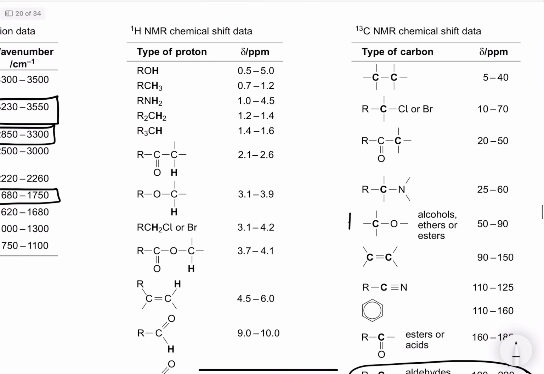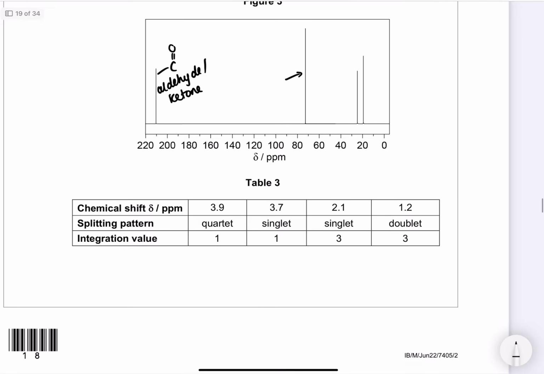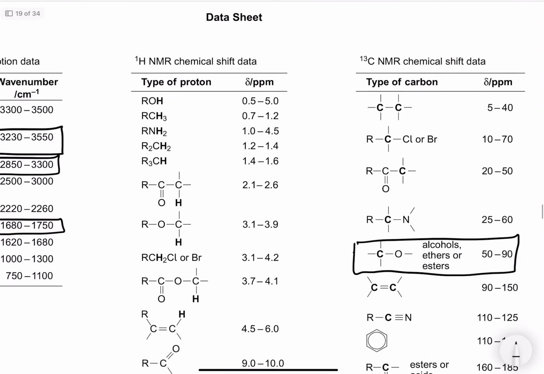And given that we know we've got an alcohol from the infrared, I'm going to go straight to the CO alcohol ether ester peak. Then we've got one at sort of 30 and one at 20.